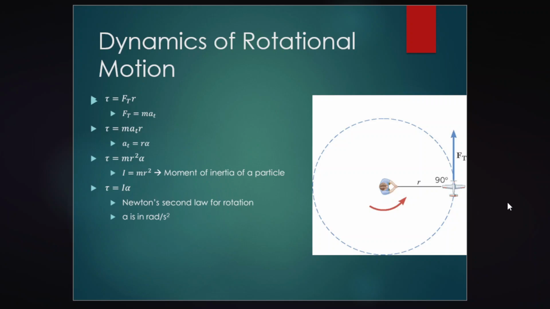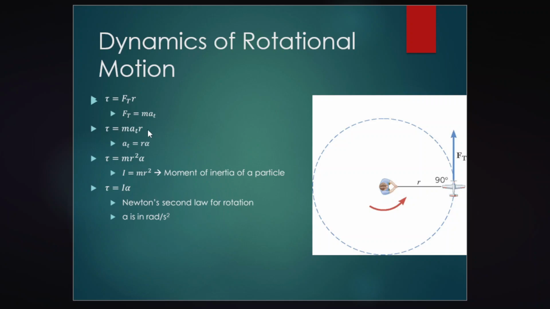So moving on to rotational dynamics. Torque is your tangential force times the radius. You can simplify that a little bit and say that your tangential force is equal to your mass times your tangential acceleration, which is that second one here.